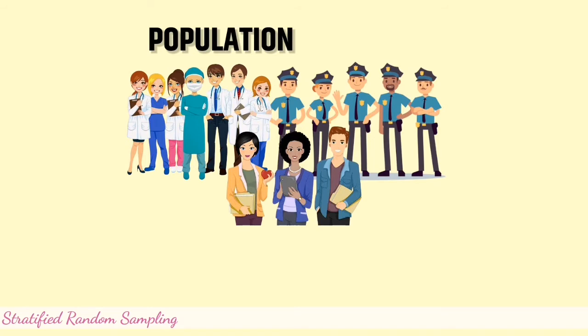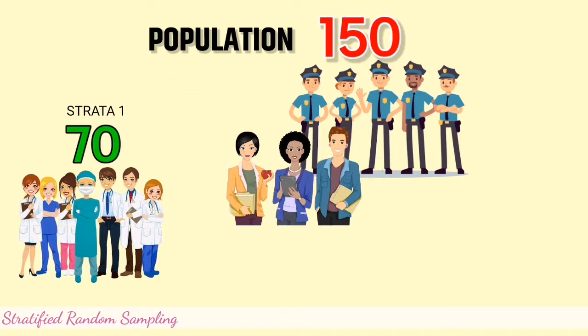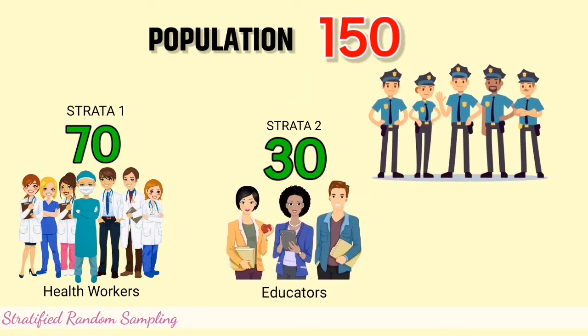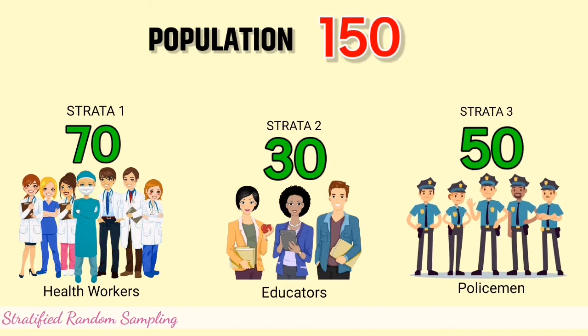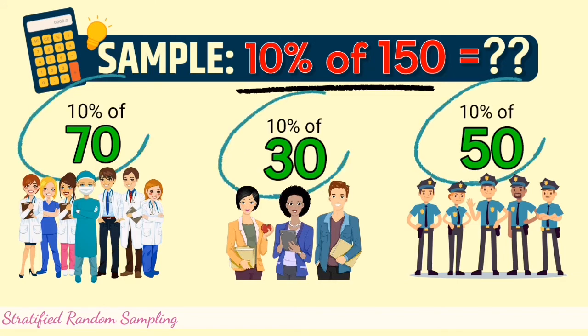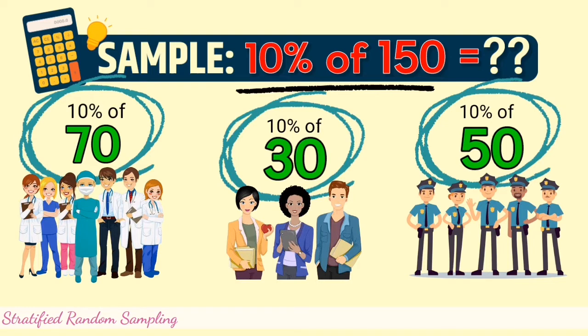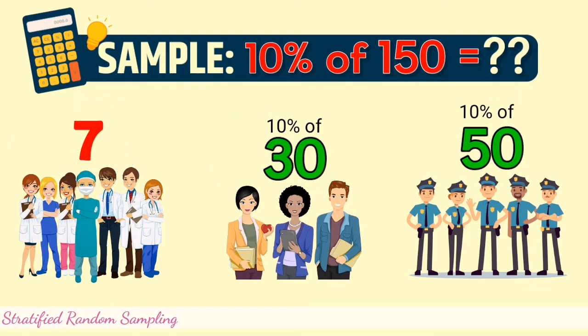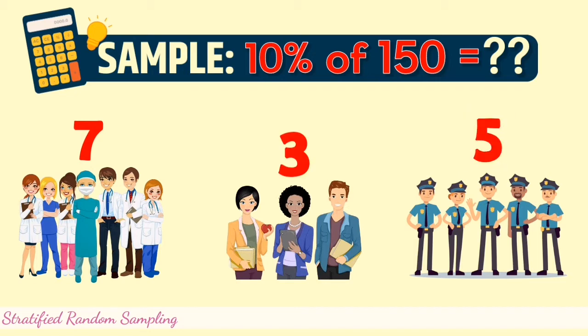Assuming we have a population with a total of 150 persons, 70 represents the health workers, 30 represents the educators, and 50 represents the policemen. If we only want 10% of the population as our sample, then the number representing the strata must be proportioned to our population. 7 is for the health workers, 3 is for the educators, and 5 is for the policemen.